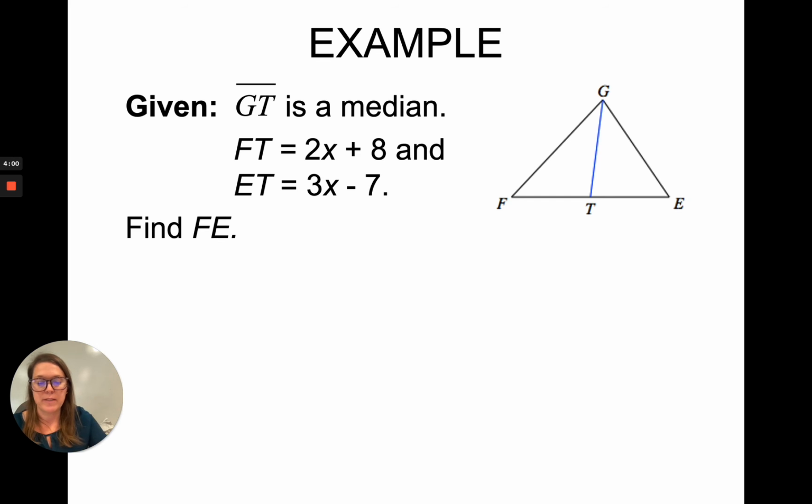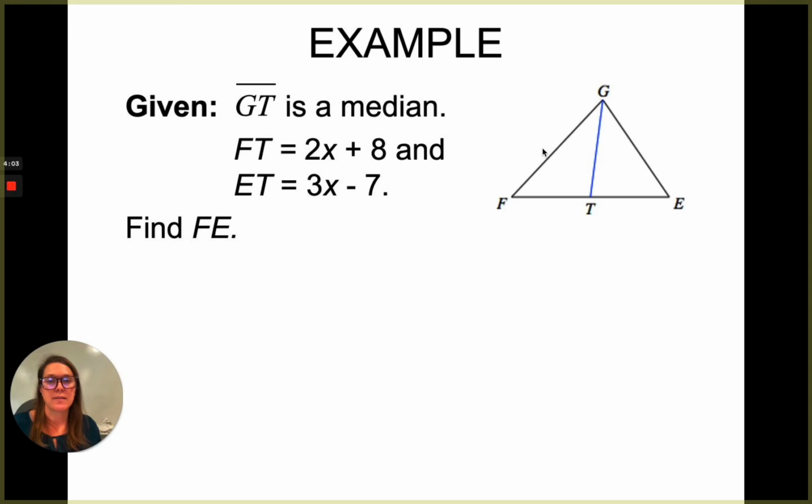All right, now we're going to throw in some algebra. So again, GT is a median. So all I care about that's a median is that the left and the right are going to be equal to each other. So if FT is 2x plus 8, and then the right side, ET, is 3x minus 7, what am I going to do to solve for x?